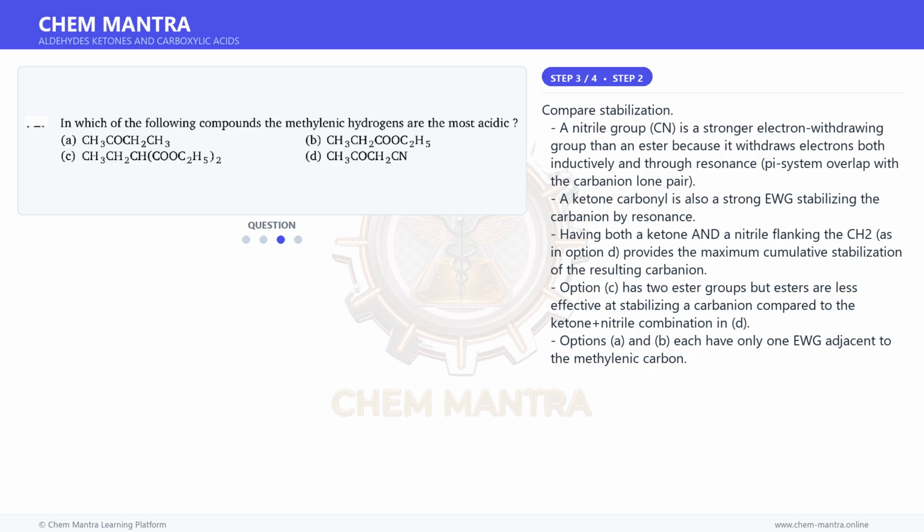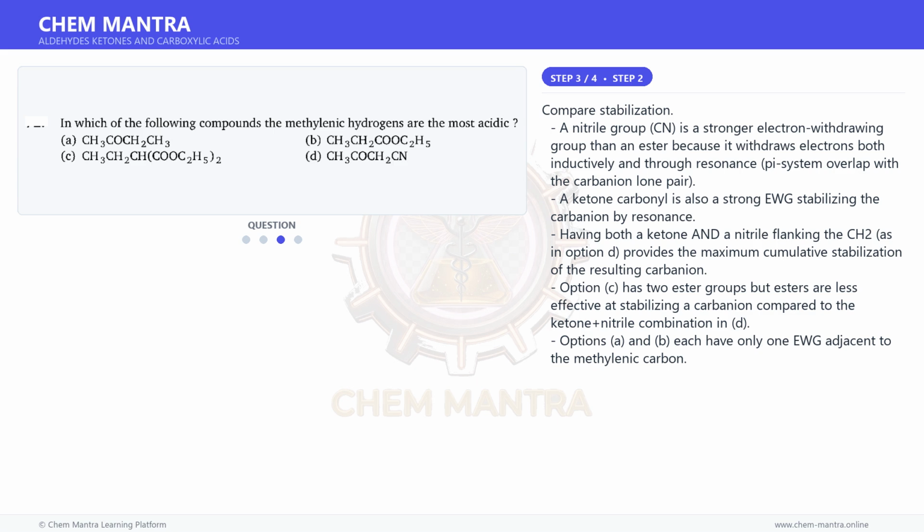Compare stabilization. A nitrile group, CN, is a stronger electron withdrawing group than an ester because it withdraws electrons both inductively and through resonance, with pi system overlap with the carbanion lone pair. A ketone carbonyl is also a strong EWG, stabilizing the carbanion by resonance.